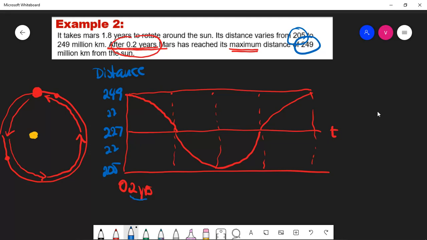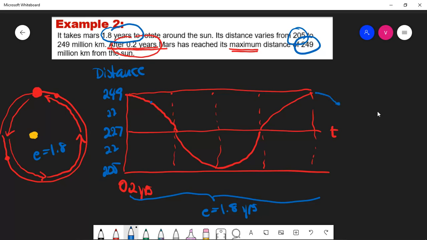And on top of that, one whole rotation, it says, takes 1.8 years to rotate around the sun. One rotation is the period. So one time around the sun is 1.8 years. Think of a bank balance. You're starting at 0.2 years, where it is convenient for you to start because you have a nice cosine wave, not something that's starting here and ending here.